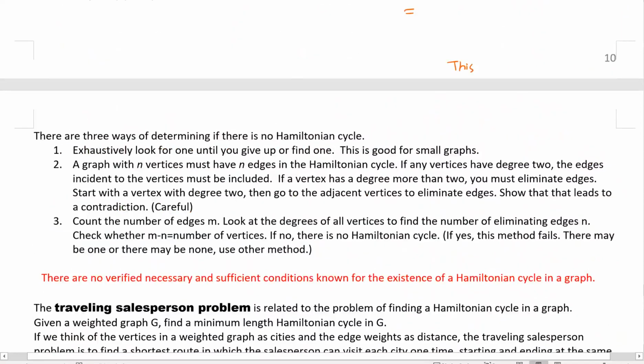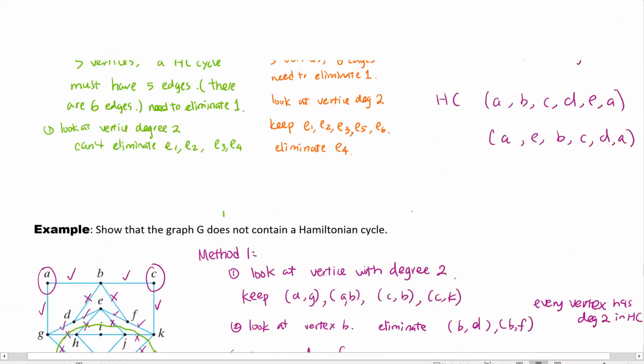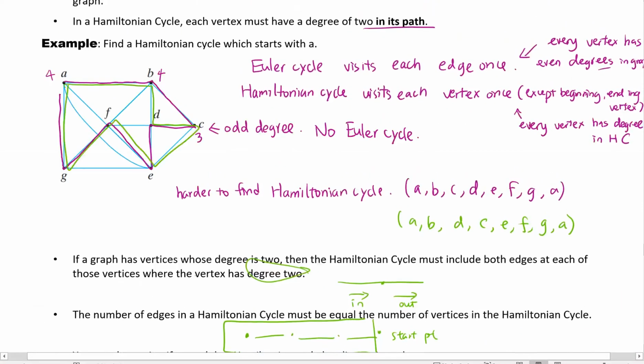I think we did this example before. In this other example, we have Hamiltonian cycles, but we don't have Euler cycles. There are other examples where we have an Euler cycle but no Hamiltonian cycle.